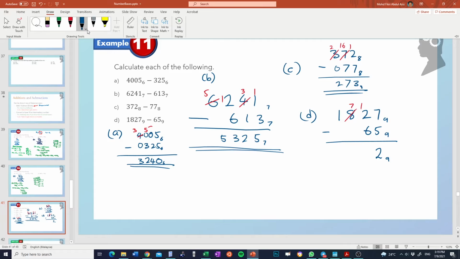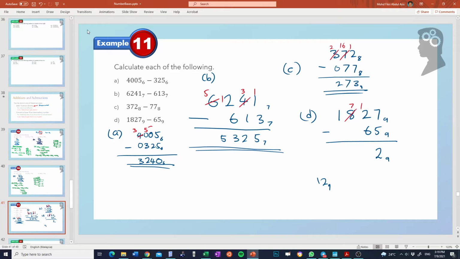So 1, 2 base 9 minus 6 base 9. This is basically, kalau kita nak tulis dalam base 10, 11 base 10 minus 6 base 10, which is 5 base 10. Betul, Syafi. So this is also equal to 5 base 9. So it's 5 here.